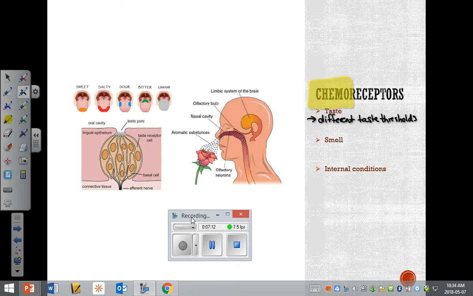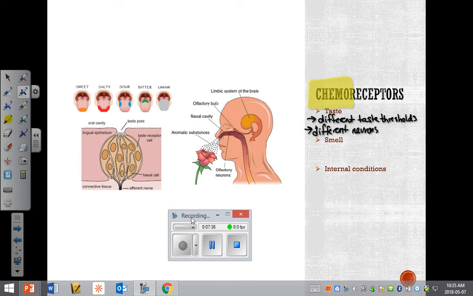That's the umami one. No diploma question is going to ask you to have memorized where different tastes are on your tongue, but I want you to recognize that you taste different things because different neurons are activated, and if different neurons are activated, your brain gets a different signal. So you have different taste thresholds, and you have different neurons activated.